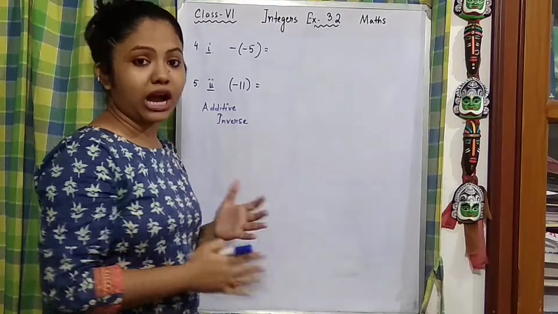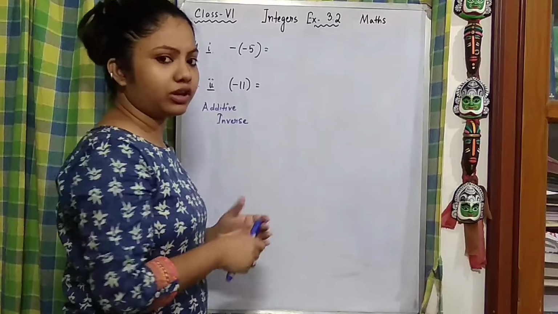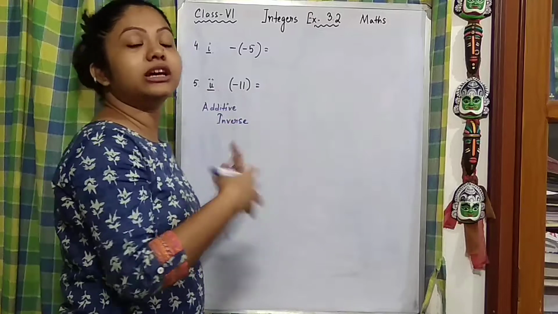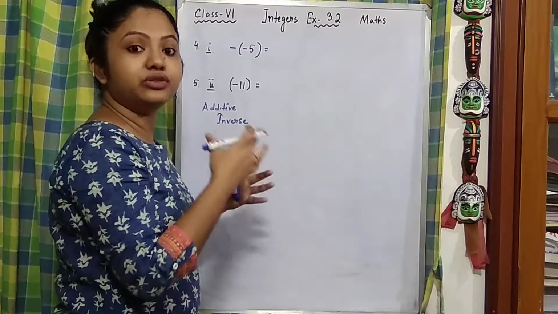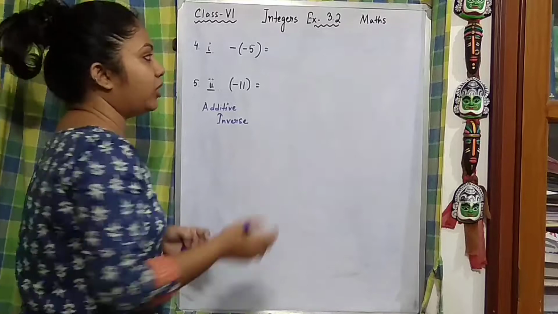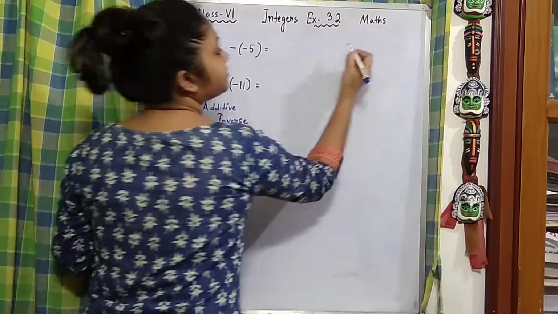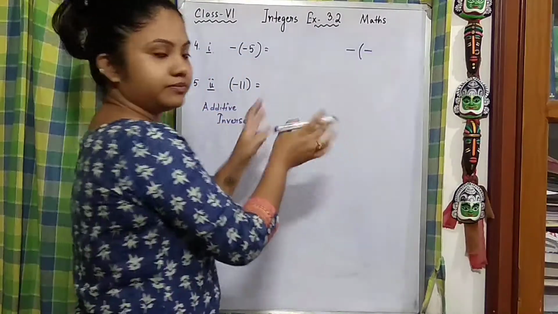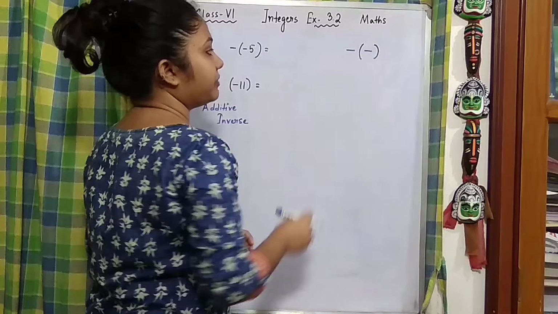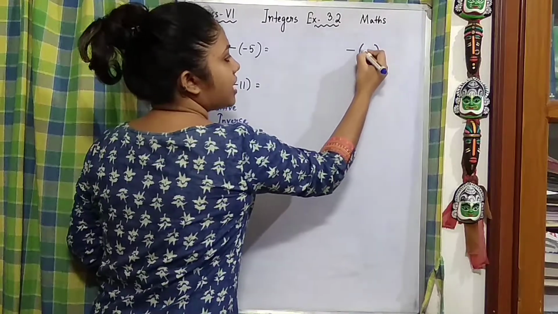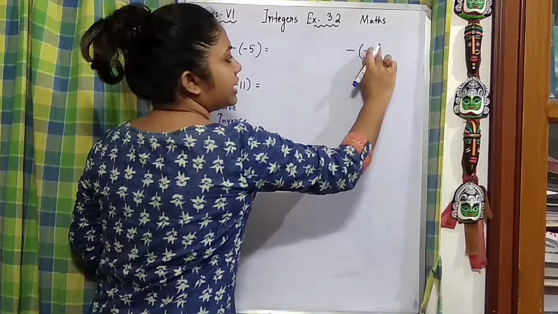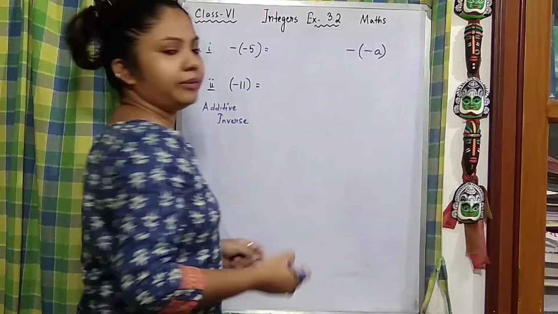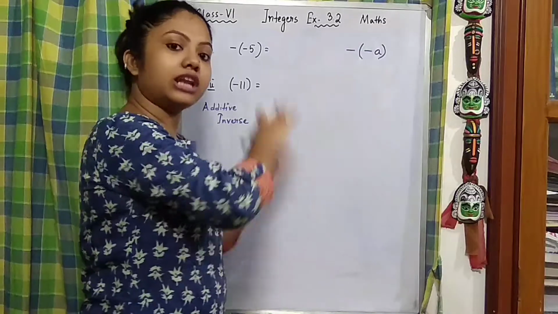Before knowing how to do that, we have to know some rules: what will be the answer of the interaction between the signs. Suppose within this bracket there is a number -a, and outside the bracket there is another minus.